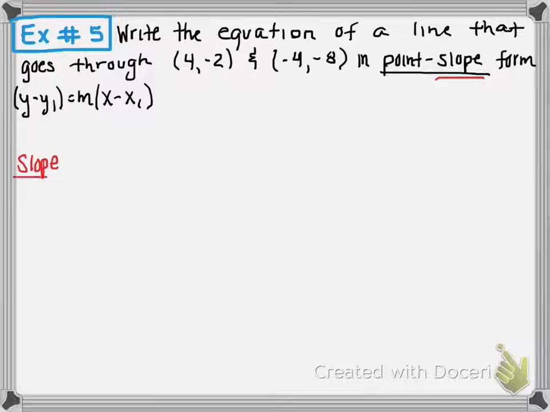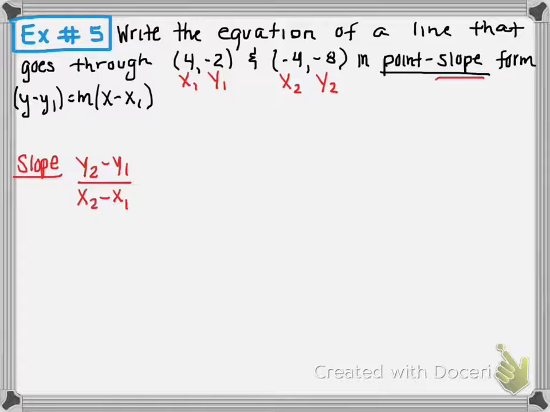The slope formula is y2 minus y1 over x2 minus x1. And then I like to go ahead and use my points and label them. So x1 and y1 and x2, y2.